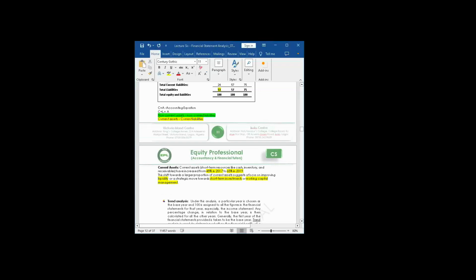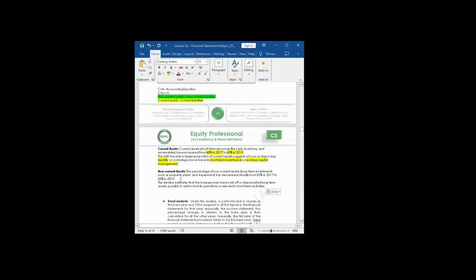Then we could make comment on non-current assets. Let's see the comment on the non-current asset.